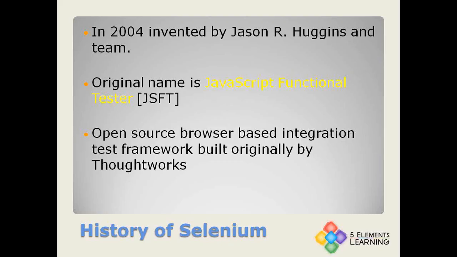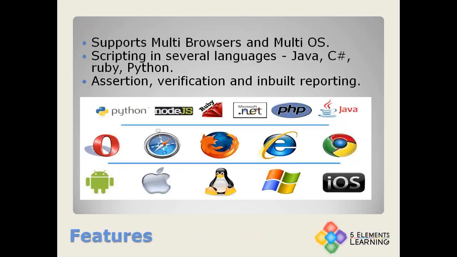It's an open source browser based integration test framework which was originally created by the team at ThoughtWorks. Selenium supports multiple browsers and multiple operating systems. It is able to script in several languages like Java, C#, Ruby, Python, Perl, and it has support for inbuilt test validation and reporting. Thus adding to its popularity, that's one of the main reasons why Selenium is such a popular tool.